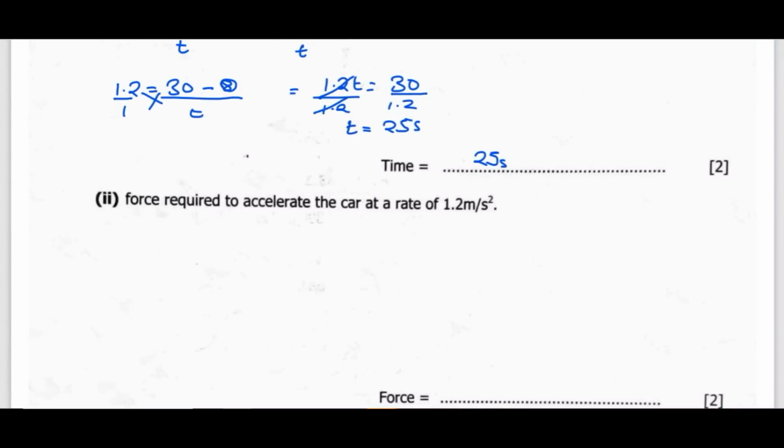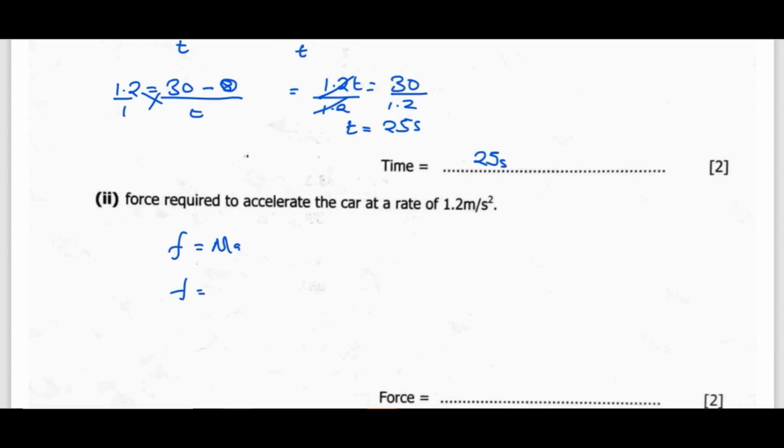Next, the force required to accelerate the car at the rate of 1.2 meters per second squared. So we want to find the force. Force is equal to mass times acceleration.